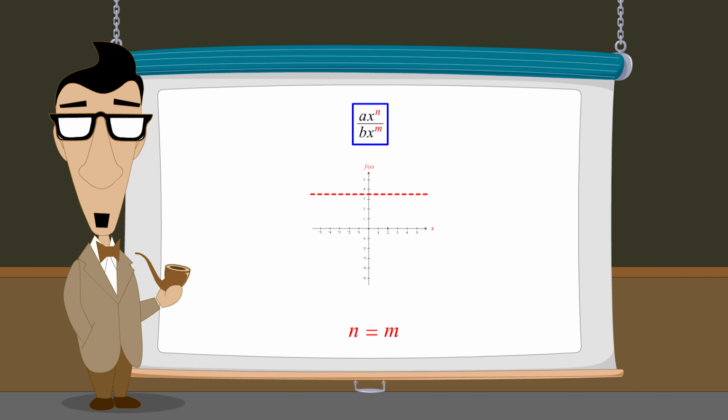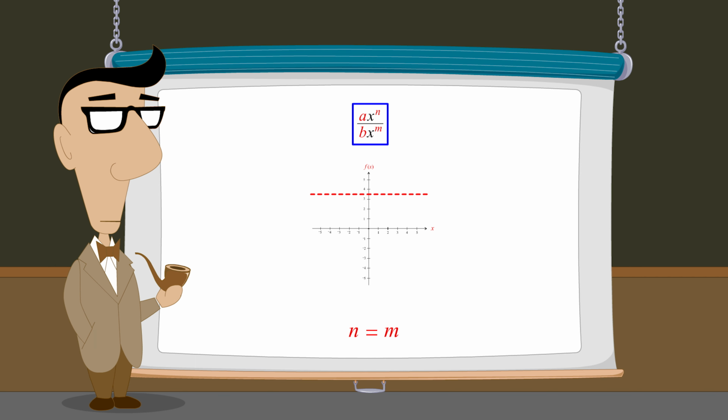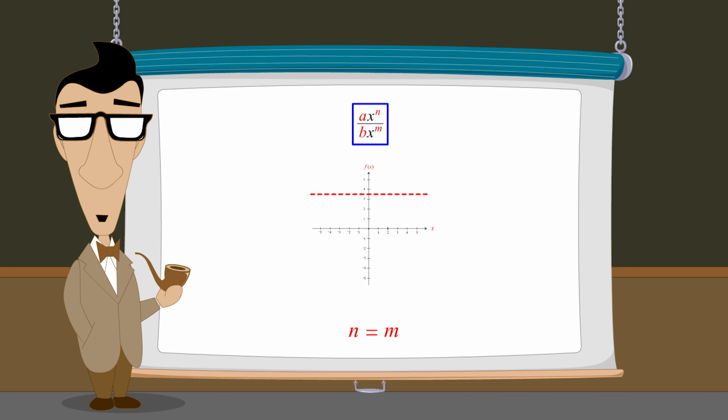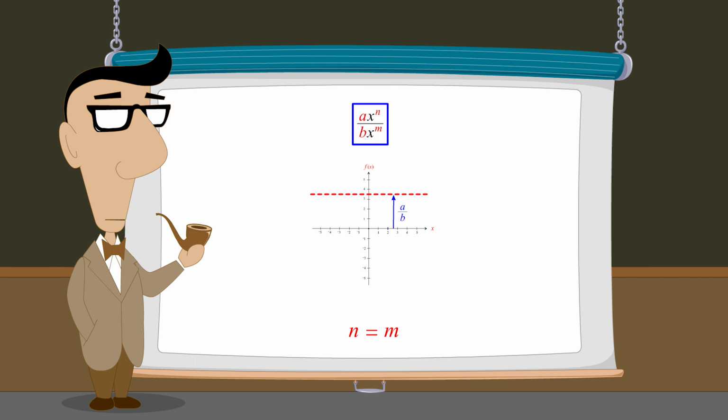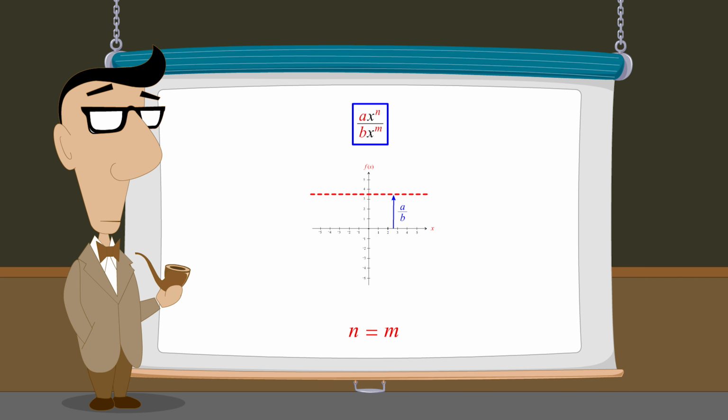The distance of the horizontal asymptote above or below the x-axis is determined by the ratio of the leading term's coefficients a and b. If the value of a over b is positive, the asymptote will be located above the x-axis. And if the value of a over b is negative, the asymptote will be located below the x-axis.